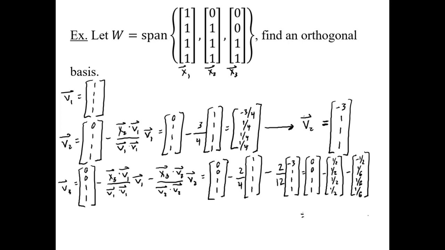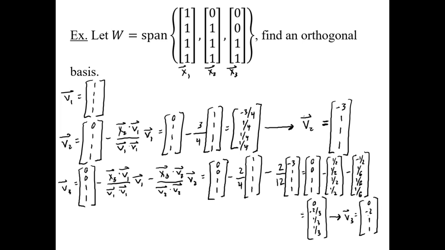Okay, and then if I do all this together, I'm going to get negative 1/2 plus 1/2, so the top one is going to be 0. And the negative 1/2 minus 1/6 is negative 2/3. And then 1 minus 2/3 is 1/3. And then again, 1/3. Okay, and then once again, I can multiply everything by 3. So I could instead use the vector 0, negative 2, 1, 1.